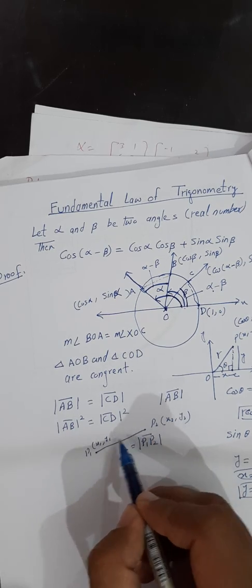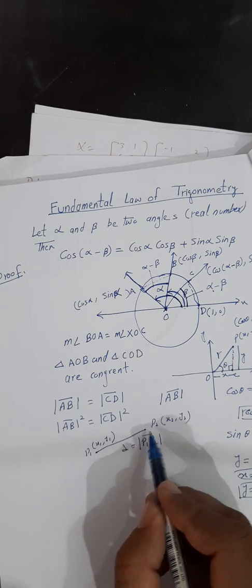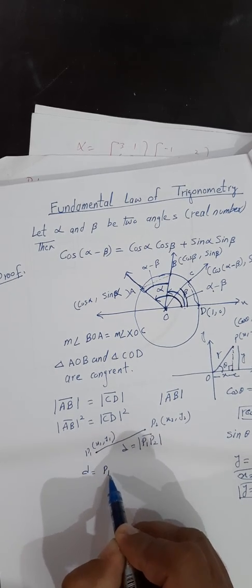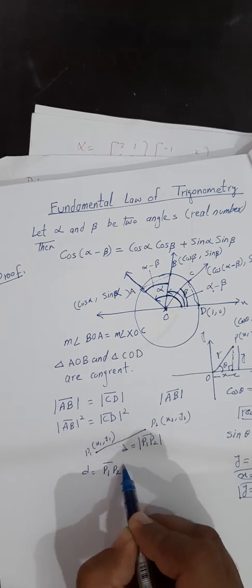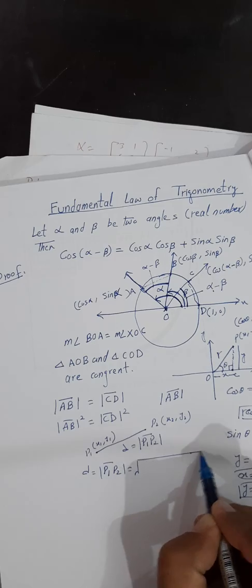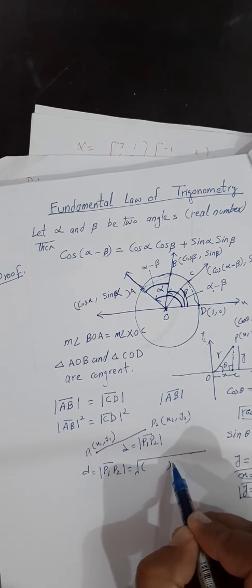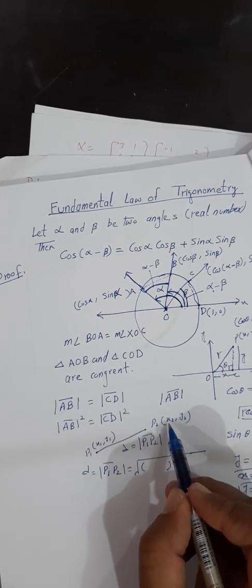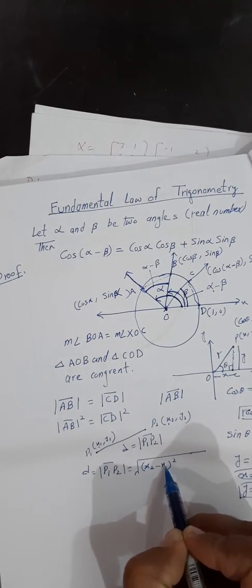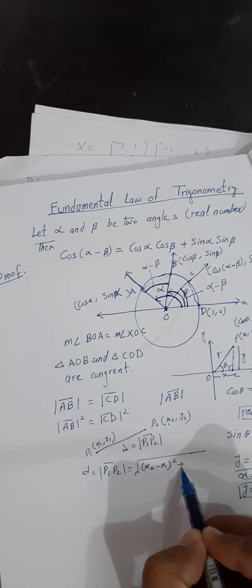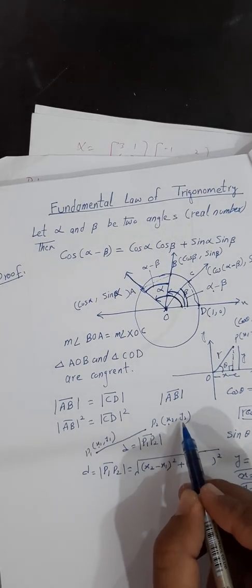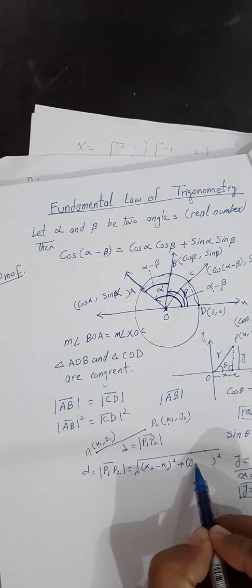In two dimensions, this is in xy plane, d is equal to distance from P1 to P2 is equal to square root of difference of x coordinate of both points, x2 minus x1 whole square, plus difference of y coordinates square, y2 minus y1 whole square.